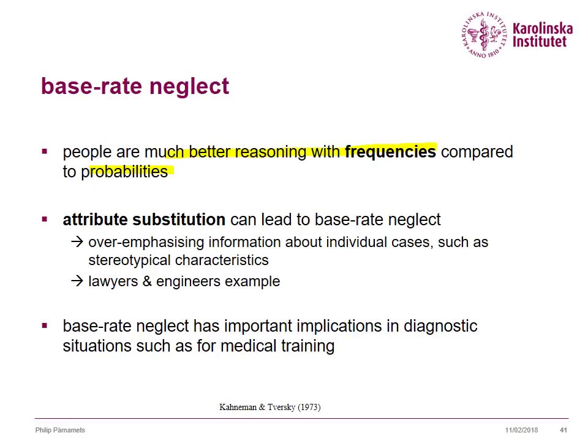Now, one particular situation that might lead to base rate neglect is something called attribute substitution. Attribute substitution occurs when we overemphasize information about individual cases, such as stereotypical characteristics. A famous demonstration of this is due to Kahneman and Tversky, who conducted a test known as the lawyers-engineers experiment.